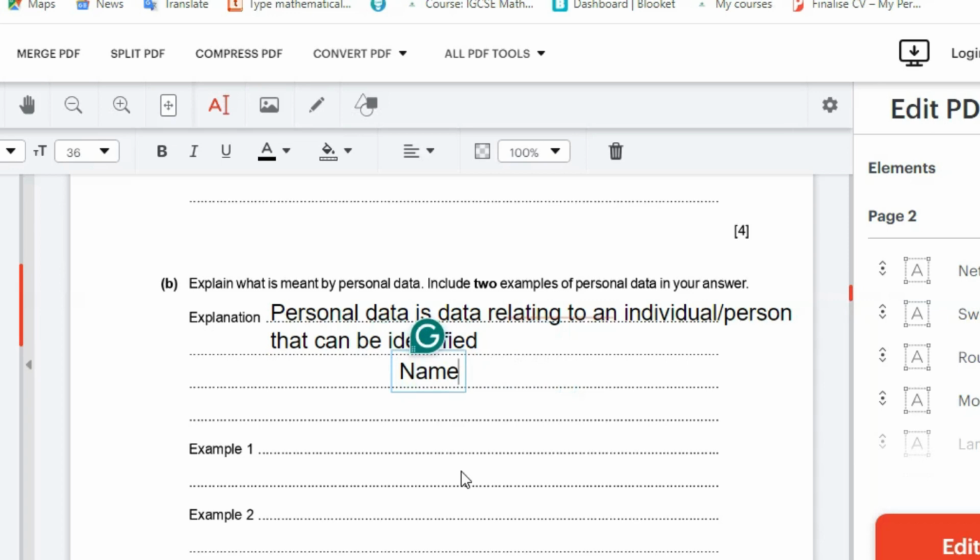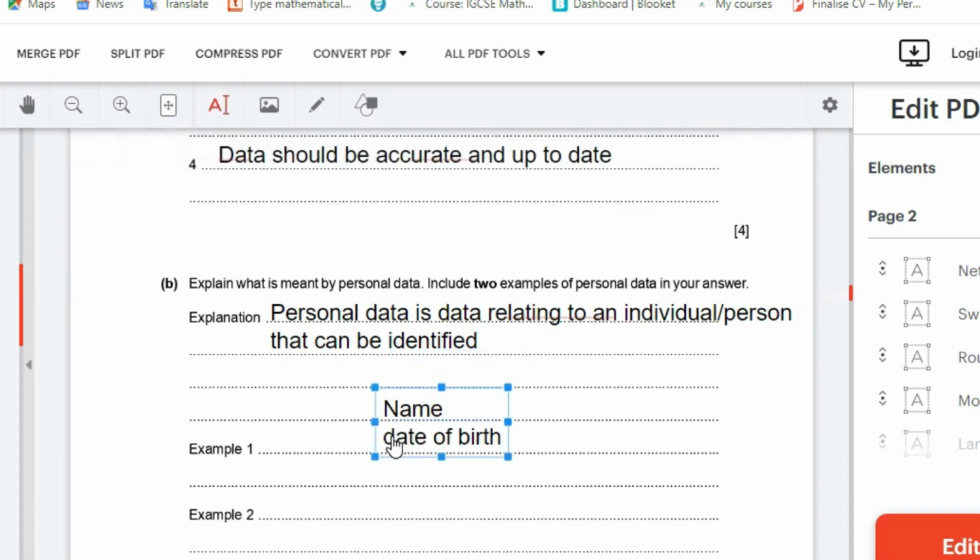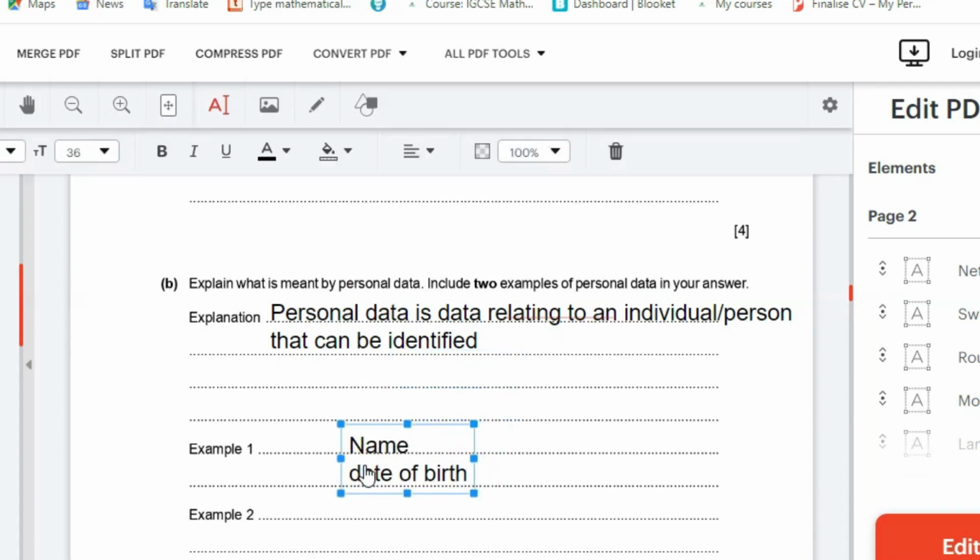What else? Your date of birth is your personal data, because we all have different dates of birth. Your house address is also part of your personal data. We are told to give 2 examples, right? So we already have 2.